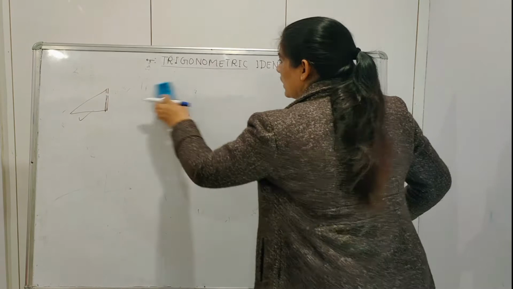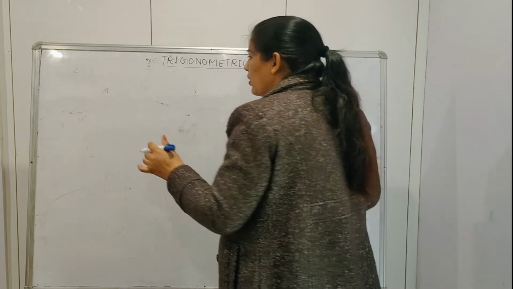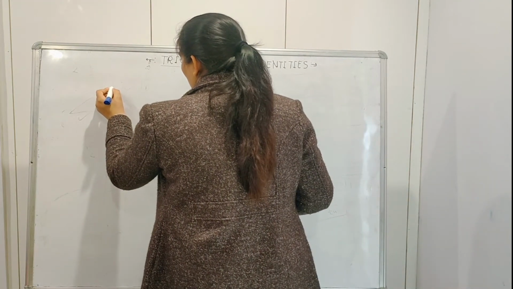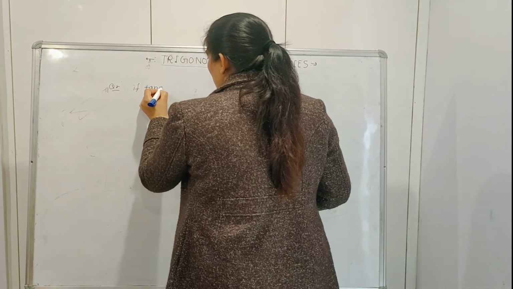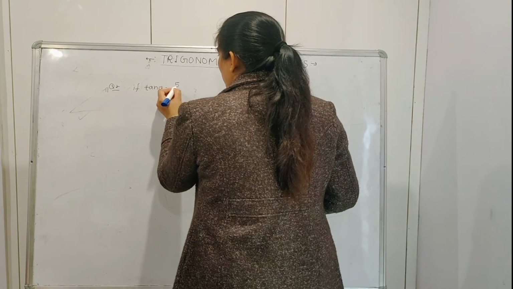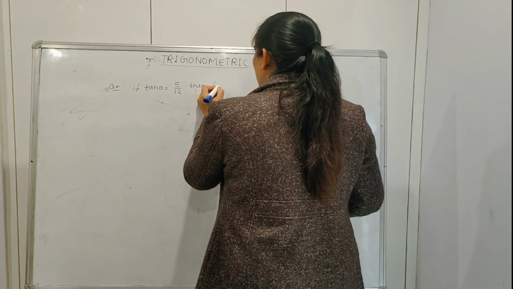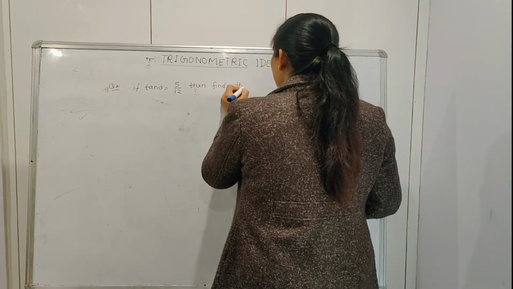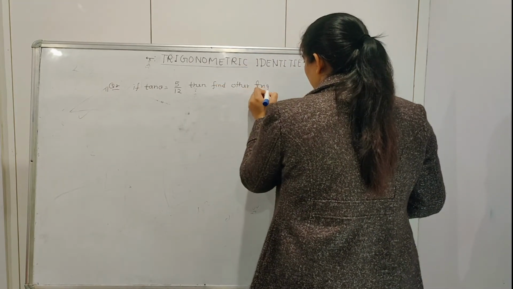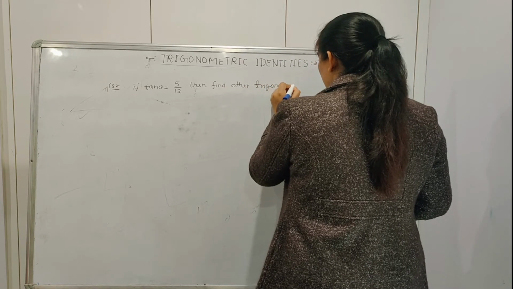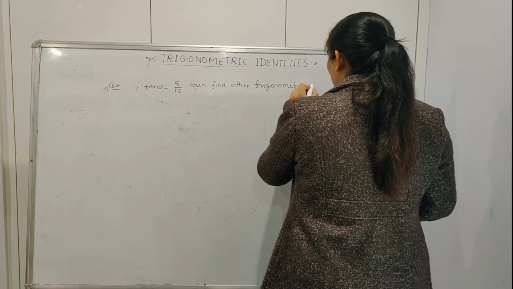So let's discuss the question on trigonometric ratio first, how we can find the trigonometric ratio. So suppose the question is: if tan theta is equal to 5 upon 12, then find the other trigonometric ratios.